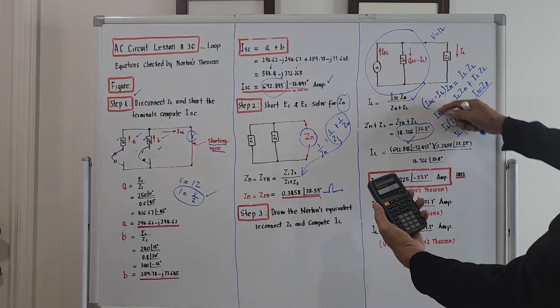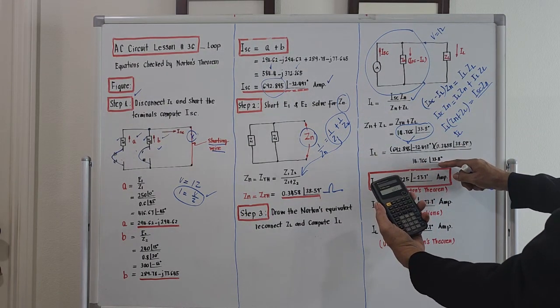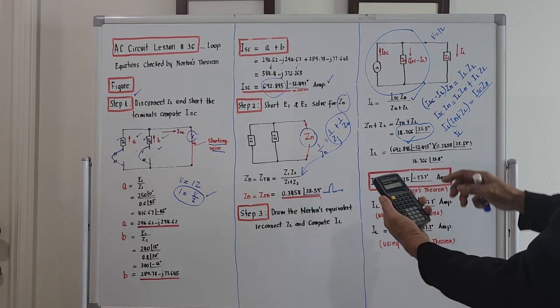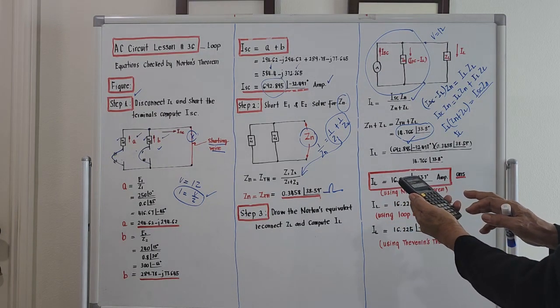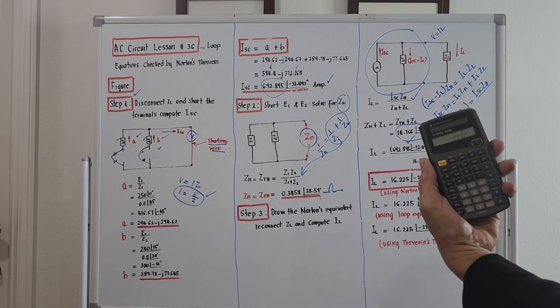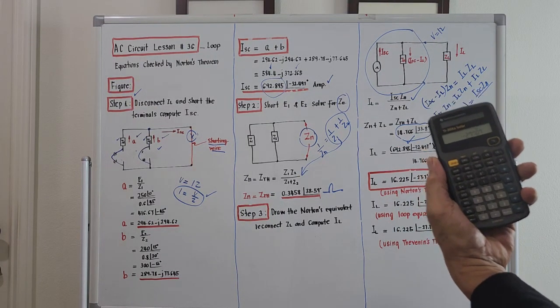Then we bring out this one. This should now be negative, minus 33.8. The angle is 27.7 degrees.